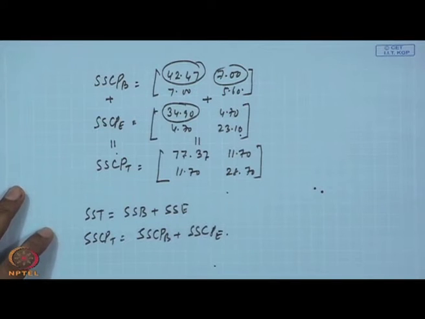Because of more than one variable, your computation will be in the matrix domain. Once you decompose the SSCP total into the parts, you are in a position to calculate the MANOVA table.